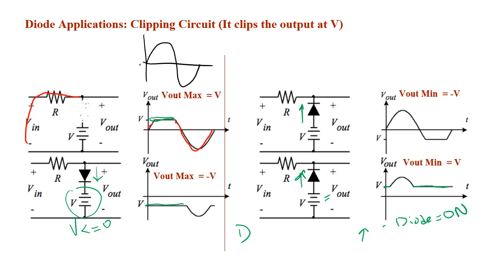So the first case is when the diode is on, that means V out is going to be equal to V. The second case is when the diode is off. That means it doesn't conduct current, or it acts as an open circuit. That means we're going to read V out from here, and it's also going to be equal to Vin.